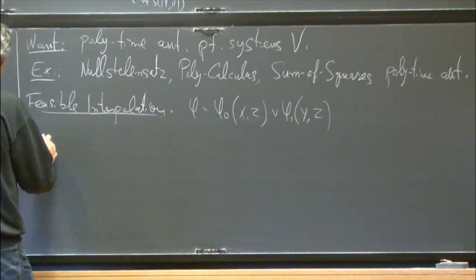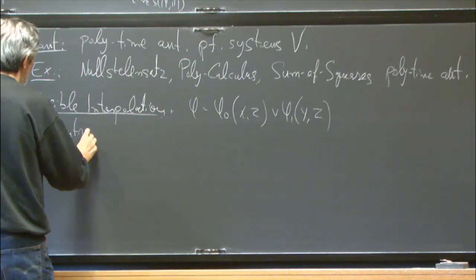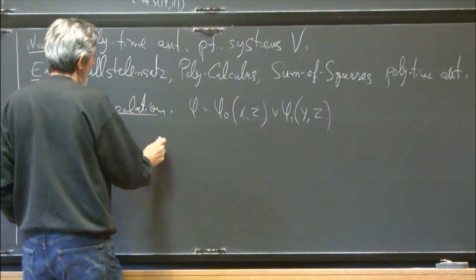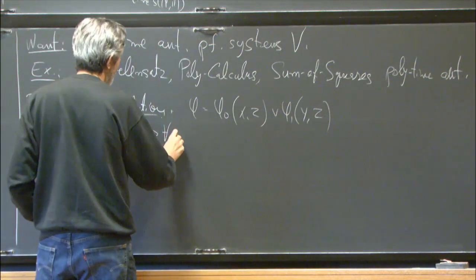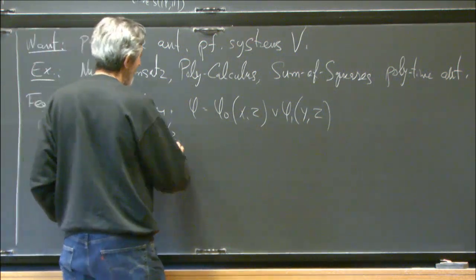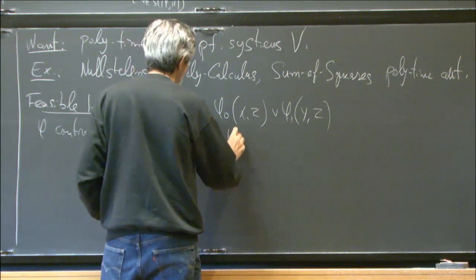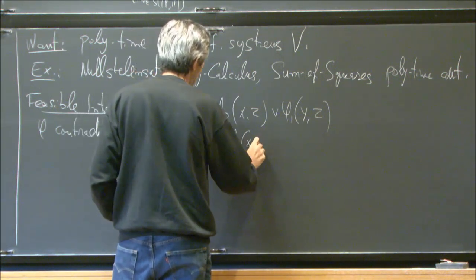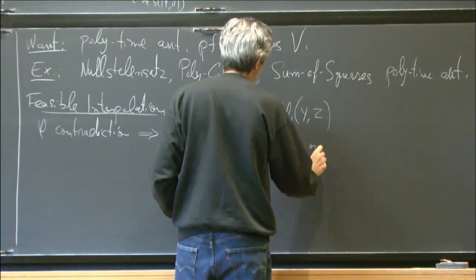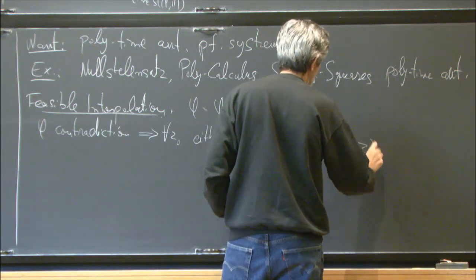And it's clear that if phi is a contradiction, then for every fixed z, let's call it z naught, either phi 0 of x, z naught is a contradiction, or phi 1 of y, z naught is a contradiction.